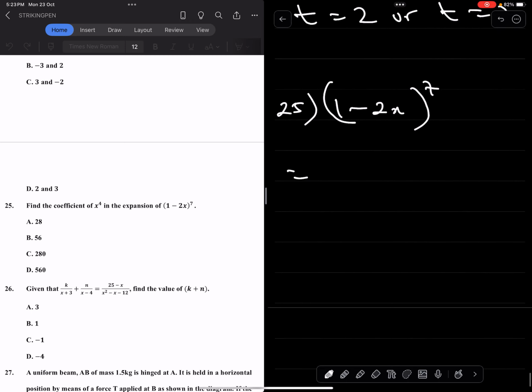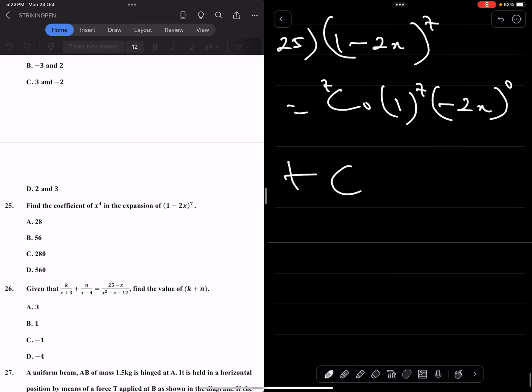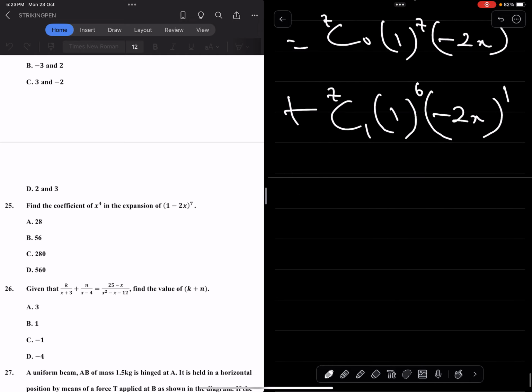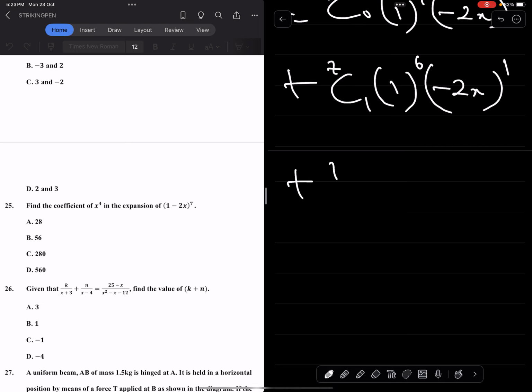Let's write the terms. The first term is 7c0, 1 raised to the power 7 times (minus 2x) raised to the power 0, plus the second term is 7c1 times 1 raised to the power 6 times (minus 2x) raised to the power 1. The third term is 7c2 times 1 raised to the power 5 times (minus 2x) raised to the power 2.